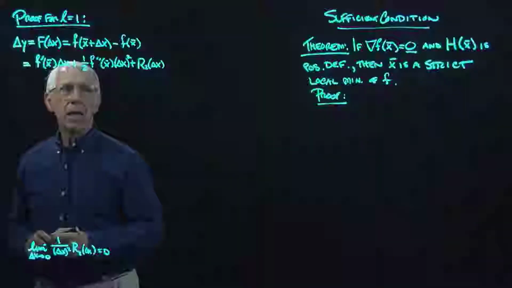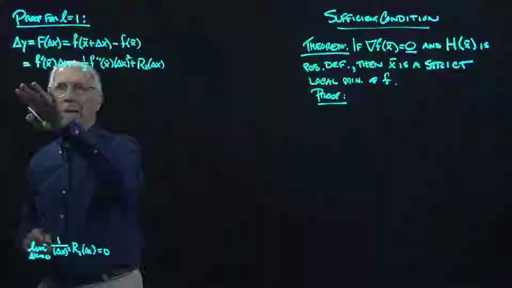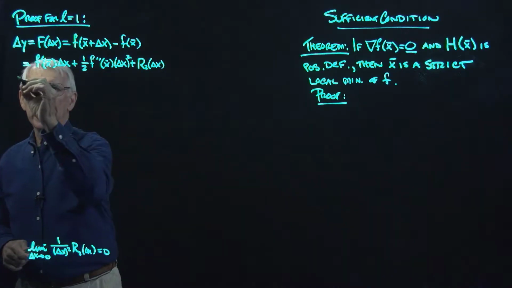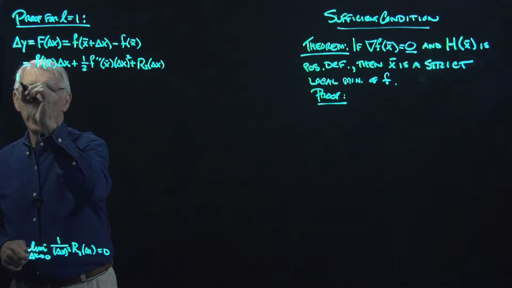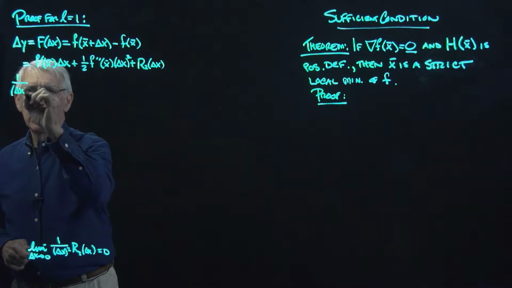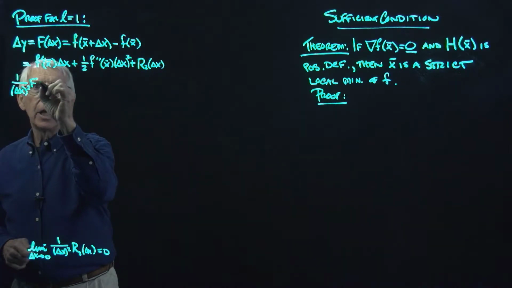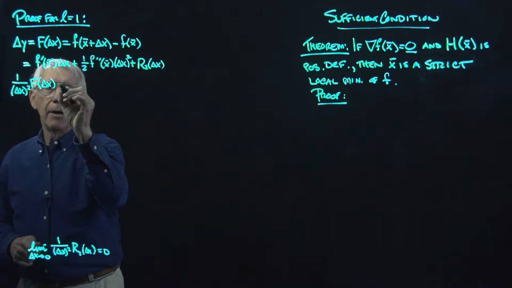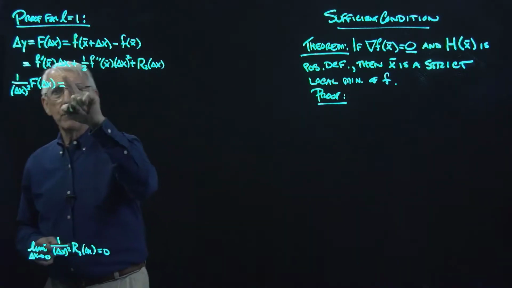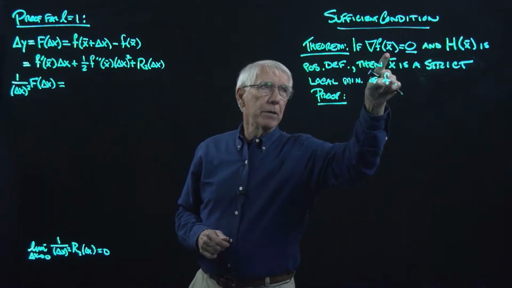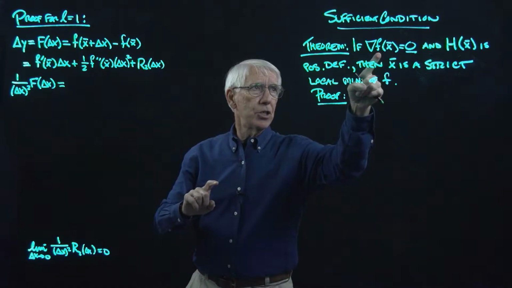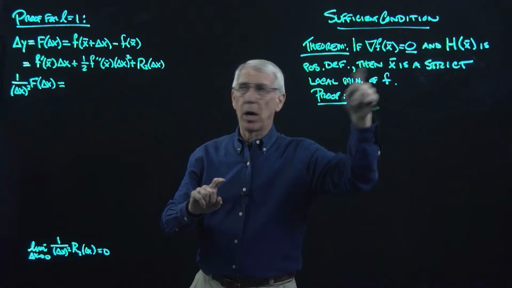polynomial approximation. So what I'm going to do now is divide both sides of this by delta x squared. So I have over here 1 over delta x squared times F of delta x. That is going to be equal to, well, first off, notice that the derivative at x bar is 0. Here I've got it as the gradient, but in the case that L is 1, this is just the derivative of f at x bar, and that has to be 0.